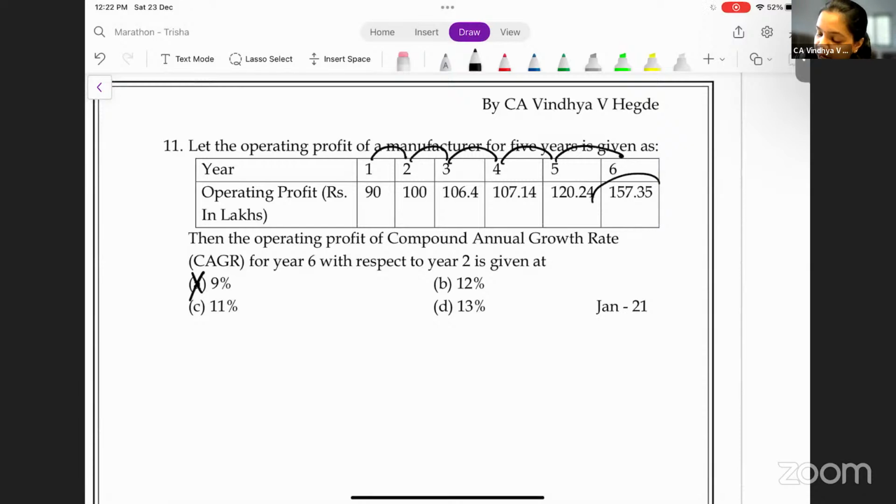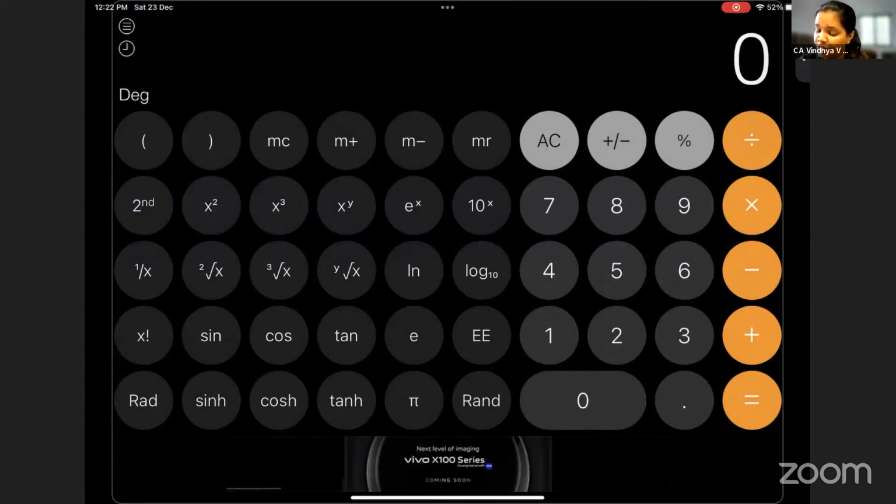Okay, and here in the answer, it is 157.35. Now, it is something very close to 12, but not exactly 12. But the only option available with us is 12%. If you go to 11, just check with 11. We'll check with 11 because 11 is lesser than 12. Now. Quickly check with 11.